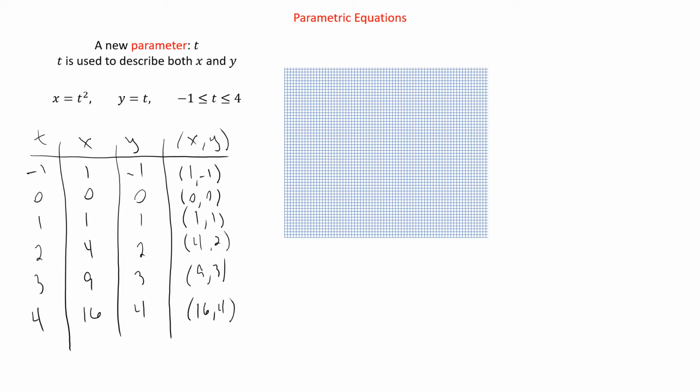Let's start out. We have mostly positive y values, all positive x values. Let's put our axis there. And then we can graph. So we have the point (1, -1). It's going to be right down there. (0, 0) is right here. (1, 1).